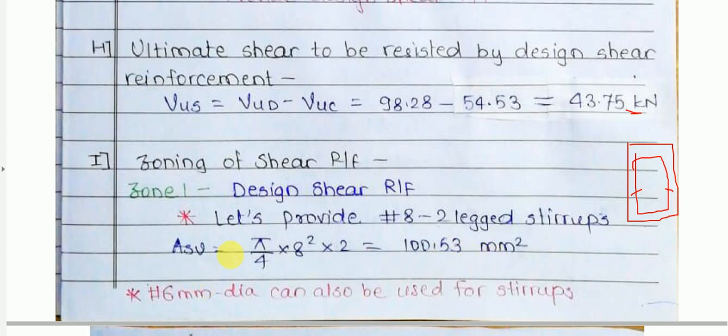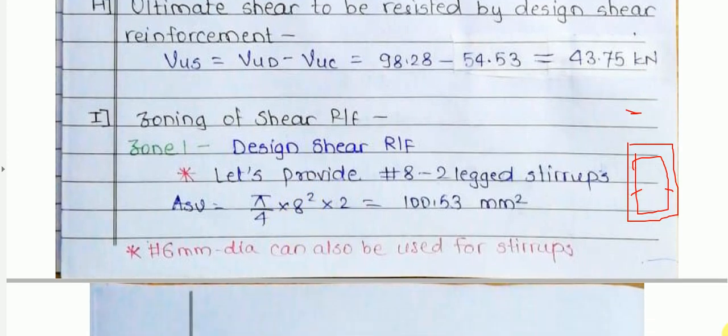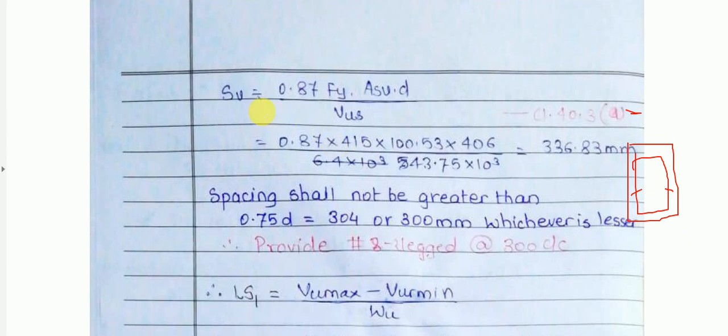As per the IS recommendation, we can even provide 6 mm diameter, that means the minimum size of the stirrup diameter should be 6 mm, but nowadays in actual practice it is provided with 8 mm. Here the calculations are done with 8 mm. Then next we need to find out the spacing of that shear reinforcement, that is denoted as SV.